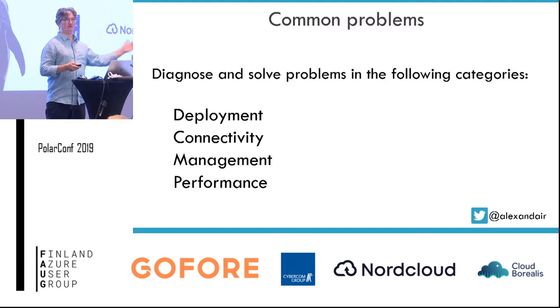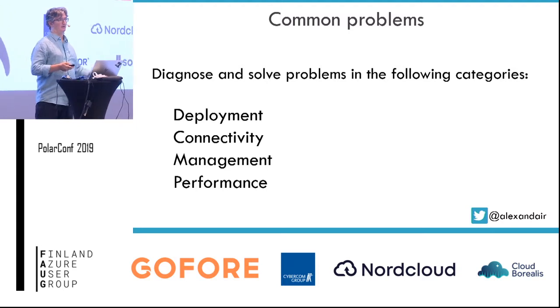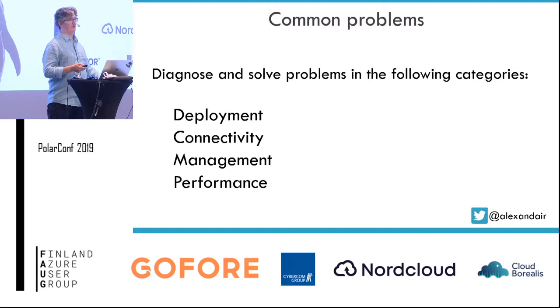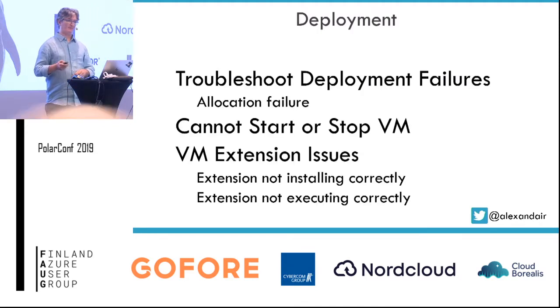Or they need to have connectivity to some other resources in Azure or just on the internet. Then we might have some problems during the actual management of things, changing disks, for example, or during the backup and the restore, encryption of a disk, right? There are a bunch of different things that can go wrong, right? And we might have some issues with the performance, right? That's another thing that can happen.